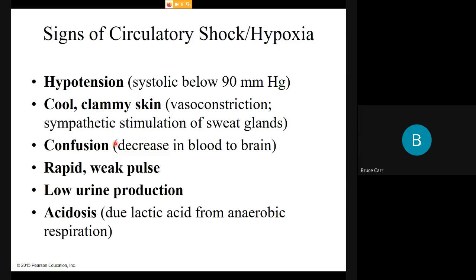If we decrease blood flow to the brain, it can result in confusion. Shock can progress to unconsciousness. If the heart begins to be deprived of blood, the pulse can become weak. There's not much blood to pump. It experiences, though, a great acceleration, so it's rapid. Urine production decreases to near zero.